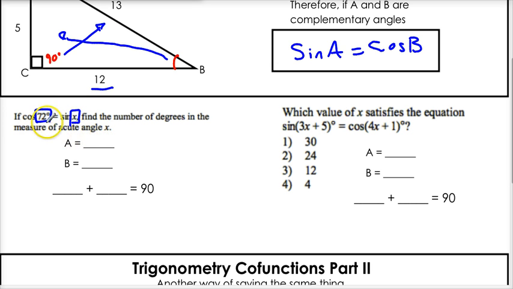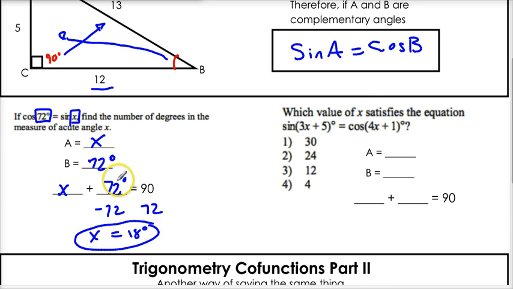So I know that the cosine of B is 72 degrees, and that means A is equal to x. Well, x plus 72 has to equal 90. So I'm just going to subtract 72, and that gives me x is equal to 18 degrees.